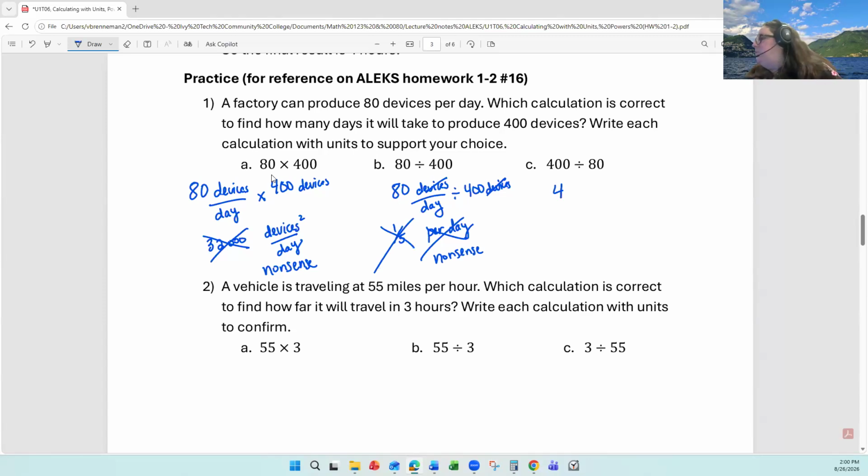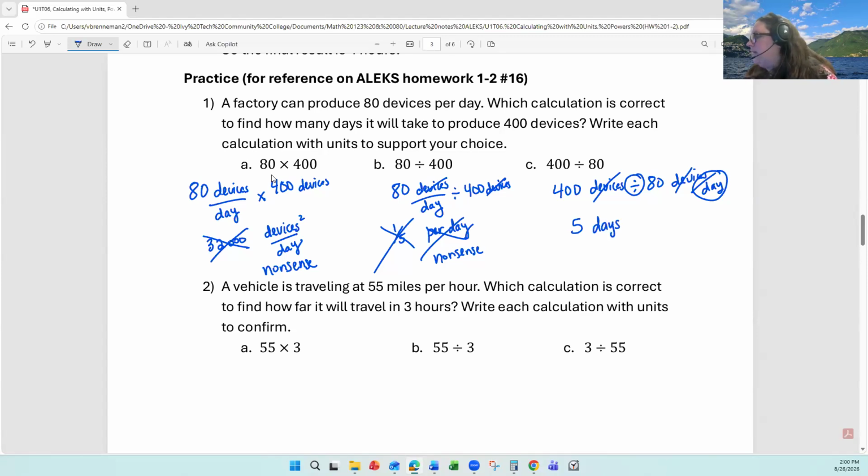If I do 400 devices divided by 80 devices per day, when I combine the dividing with the per, then it flips. So the devices cancel. 400 divided by 80 is 5. And my day flips up to not be a per anymore, and I get 5 days.